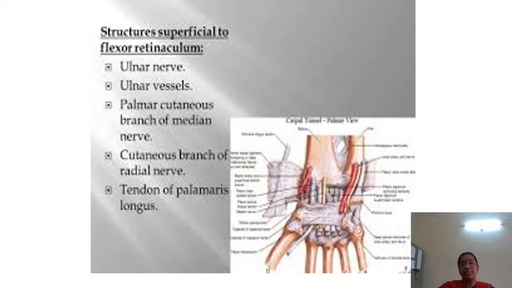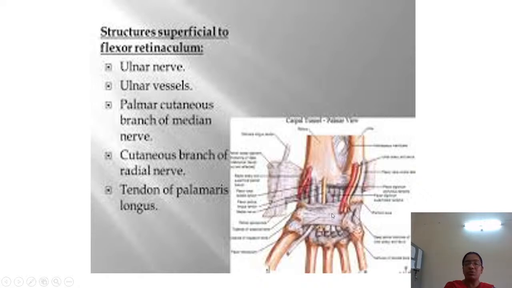When there is a tunnel or a groove, you need to understand that some structures are passing through it, and some structures are passing above the tunnel. So what are the structures passing superficially above the flexor retinaculum?